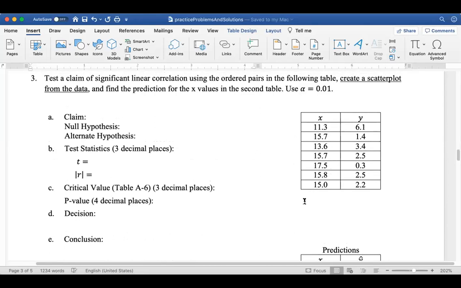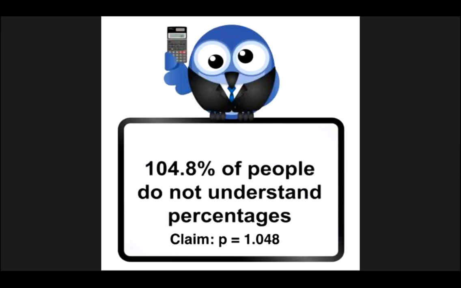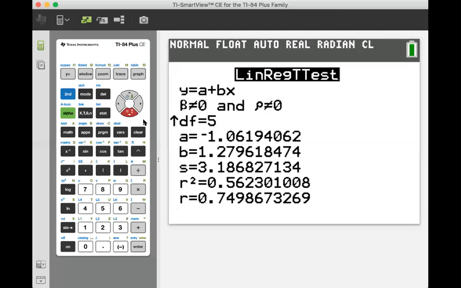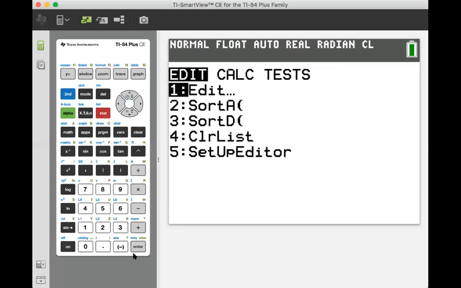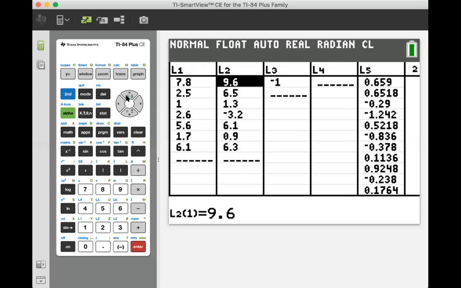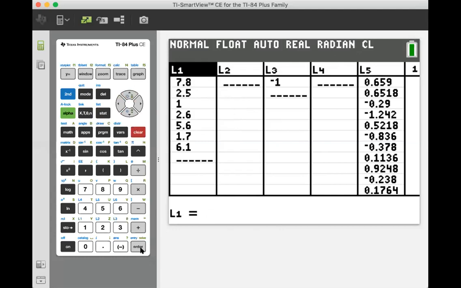Let me go ahead and do that. Might as well do the scatter plot anyway. So clear this and let's go to stat, enter, clear, enter, clear, enter.